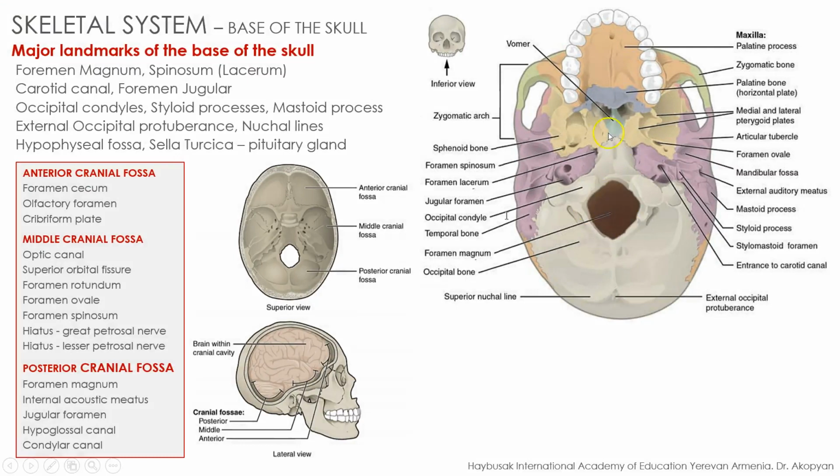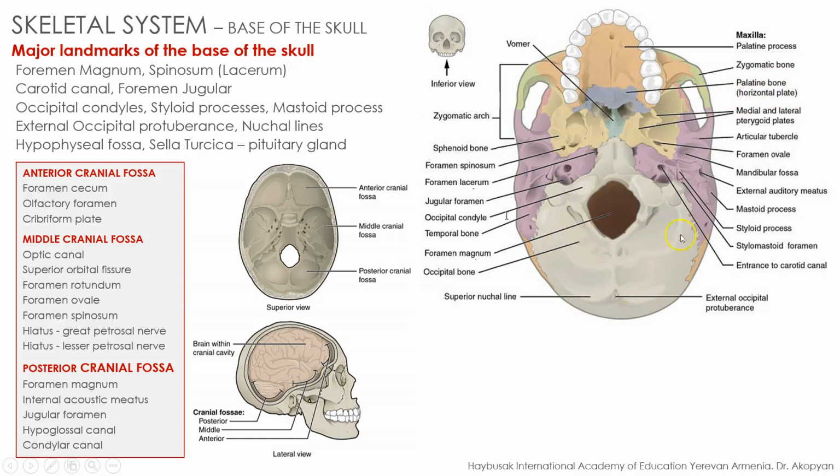In the inferior view of the human skull, with the mandible removed, prominent features include the zygomatic arches and the hard palate, which is formed by the inferior surface of the maxillary bone for the anterior 3/4 of the hard palate, where the posterior 1/4 of the hard palate is formed by the palatine bone.